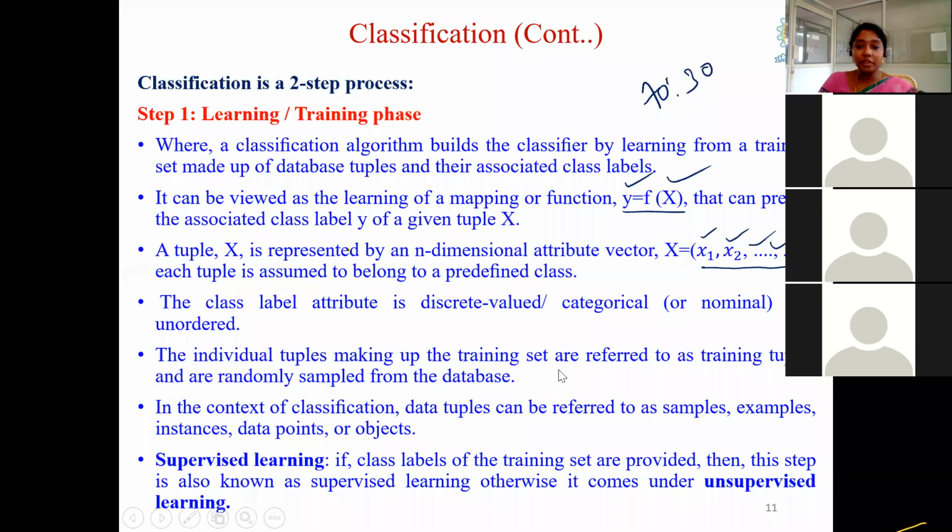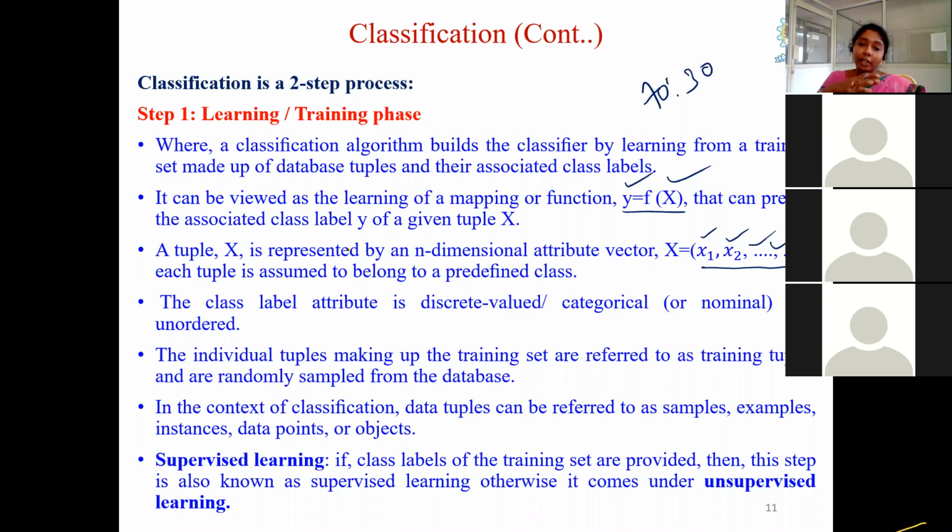So the individual tuples making up the training set are referred to as training tuples and are randomly sampled from the data set. If you perform the random sampling, pick 70% of the tuples, develop a model and test it on the test data, and the efficiency of the classifier is not up to the mark, what we can do is take a random sampling again.